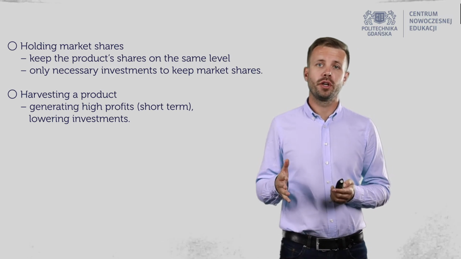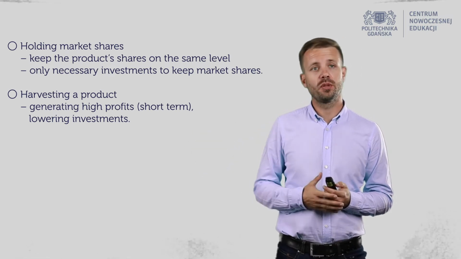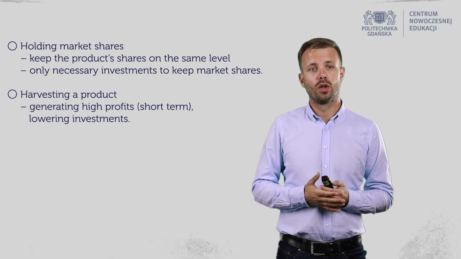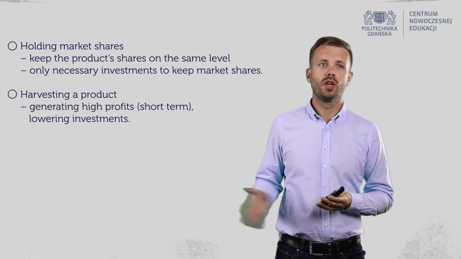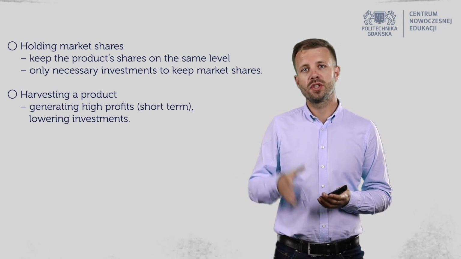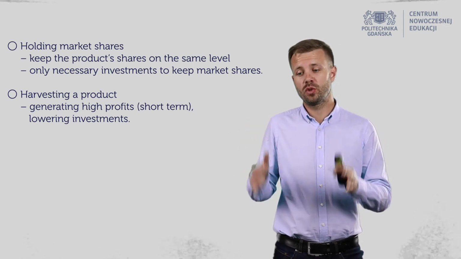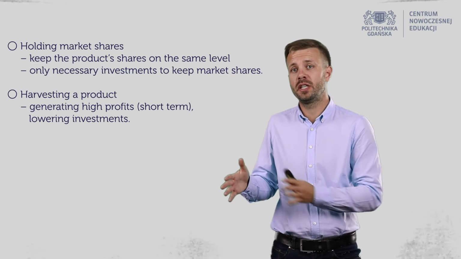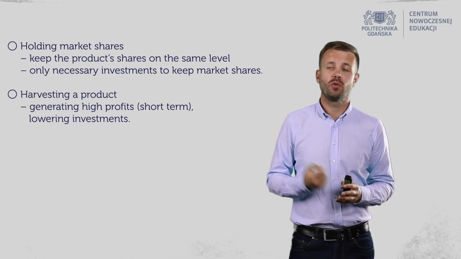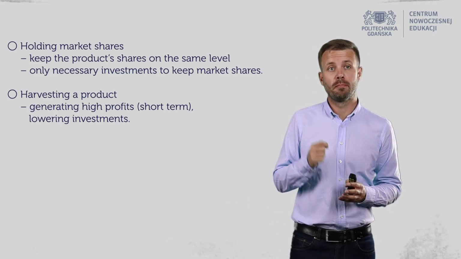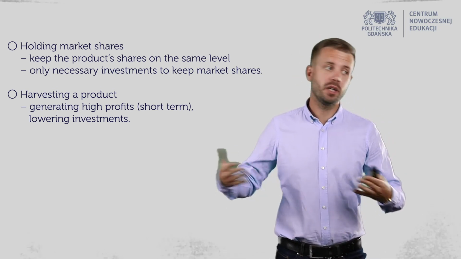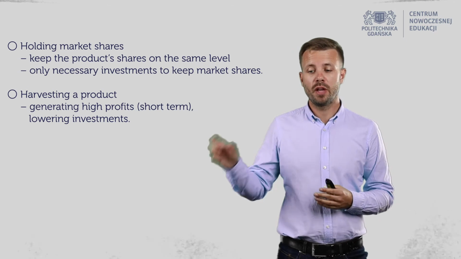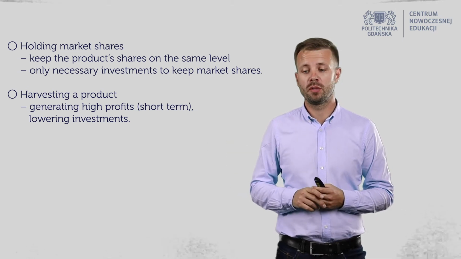You have a product which has the possibility to grow, but you decide just to hold the market share. So you do only the required maintenance, with limited investment, just to keep your market share, not to increase it. Why? Mostly when you need money in a short-term perspective, because of a financial crisis, for example.